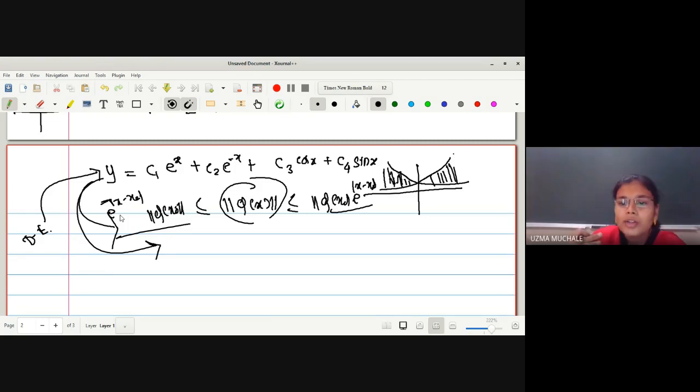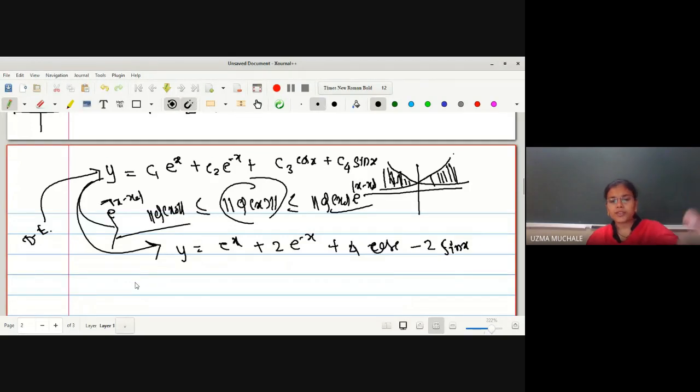So what these theorems tell you is that out of all those infinitely many solutions of a differential equation, suppose I take C1 as e raised to x, or rather C1 is 1, the value of C2 I take as 2, C3 we take as 4 cos x, and C4 we take as minus 2 sin x. So for different values of C1, C2, C3, C4, we can have different curves, right? Which means any differential equation has infinitely many curves or infinitely many solutions.